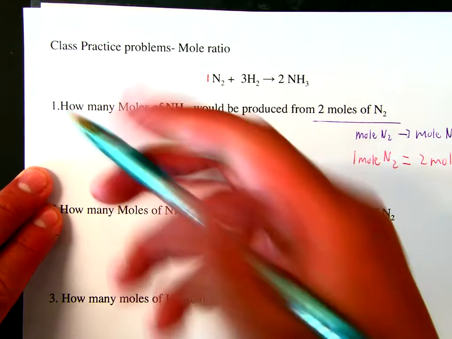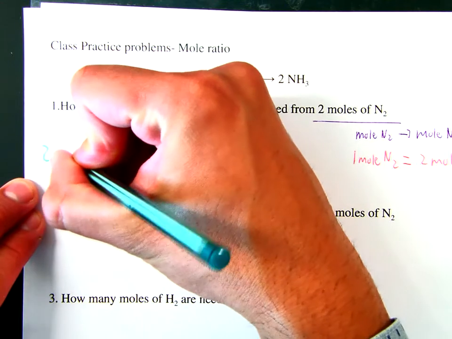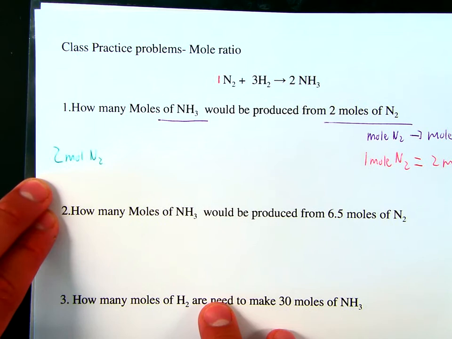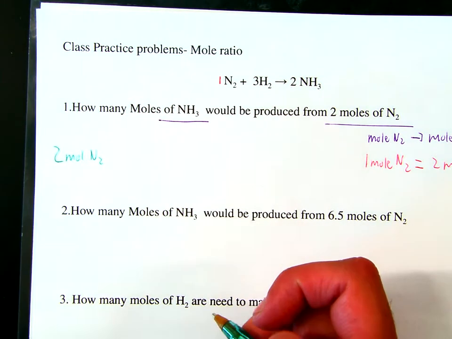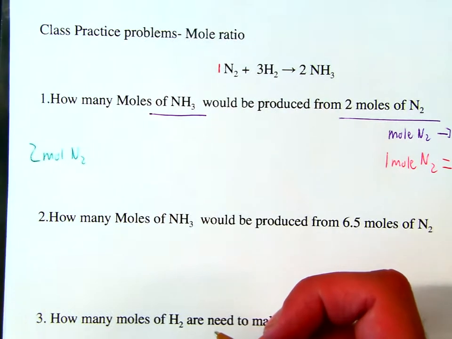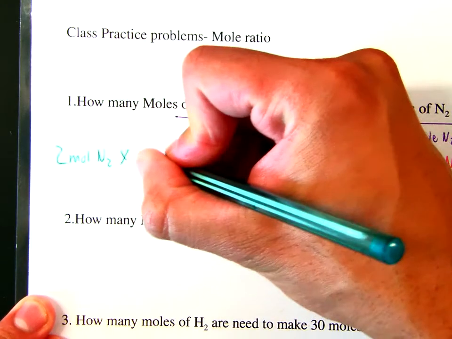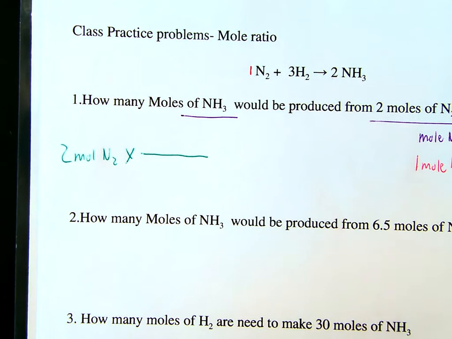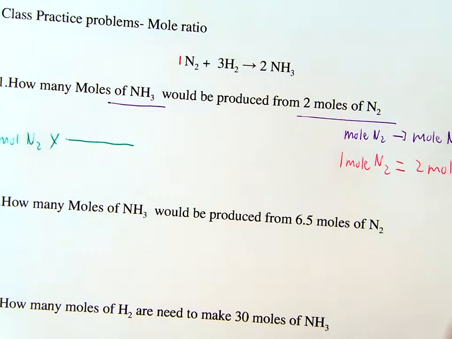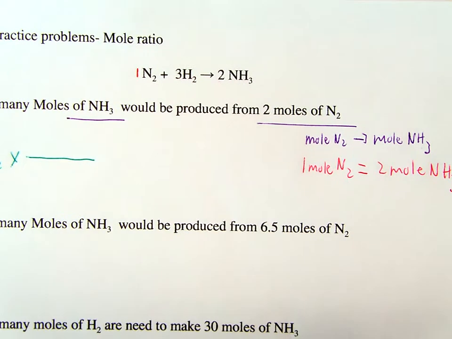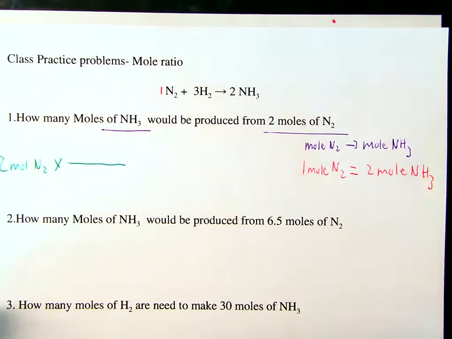I'm given 2 moles of N2, so I list that here, and then multiply by a fraction, using the equivalent I had, 1 mole of N2 equals 2 moles of NH3.